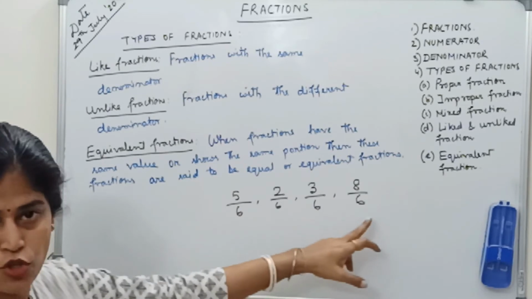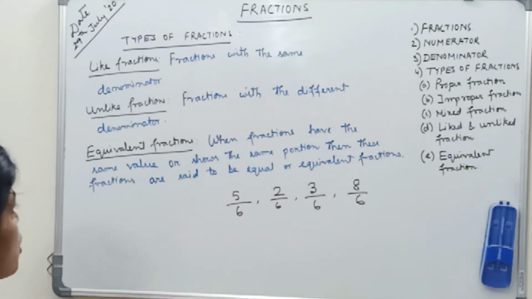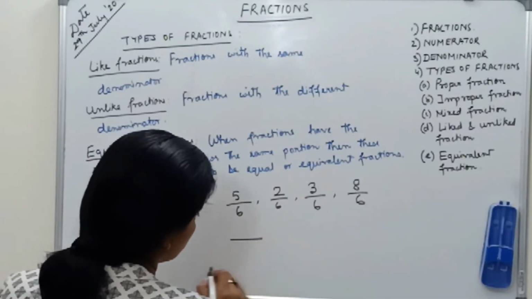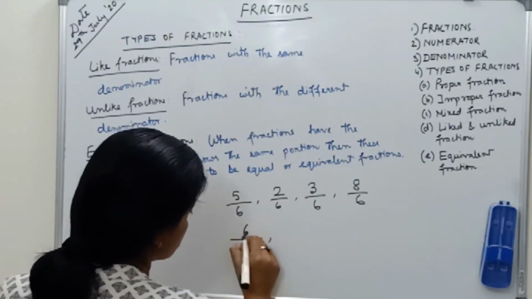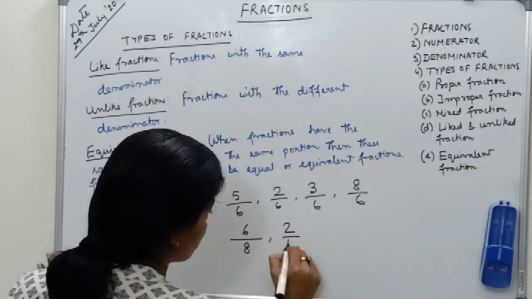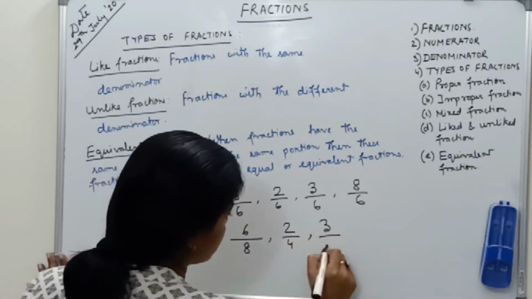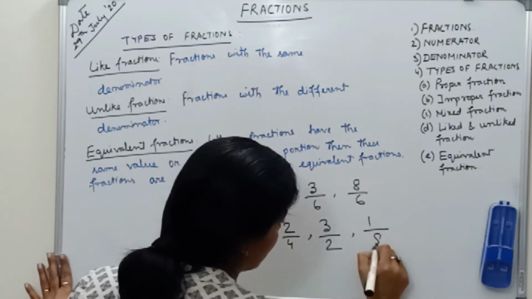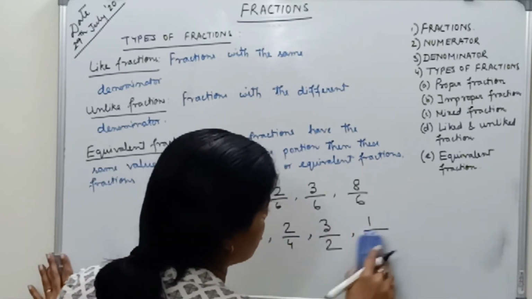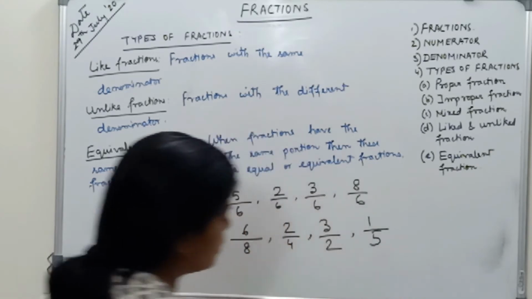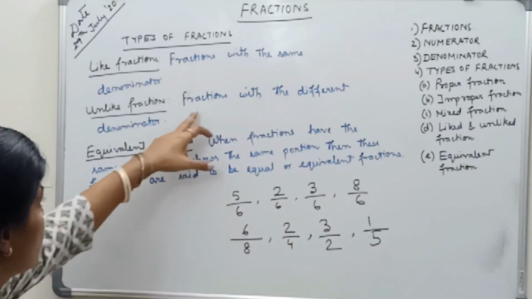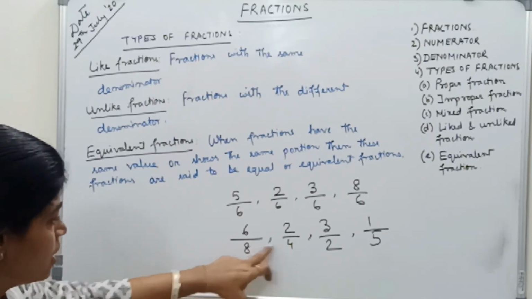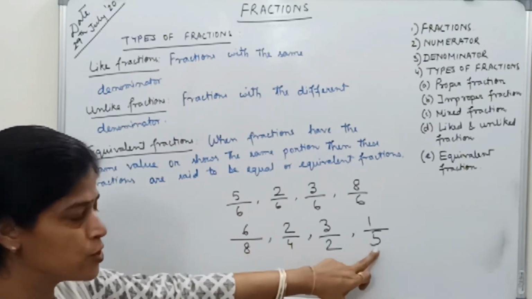It means all the bottoms should be the same. And fractions with different denominators are called unlike fractions. Suppose 6 by 8, 2 by 4, 3 by 2, 1 by 5. Here it is 8, here it is 4, here it is 2, here it is 5.